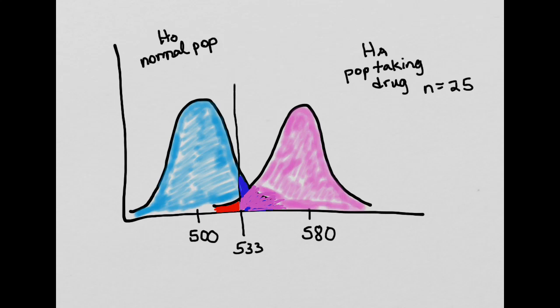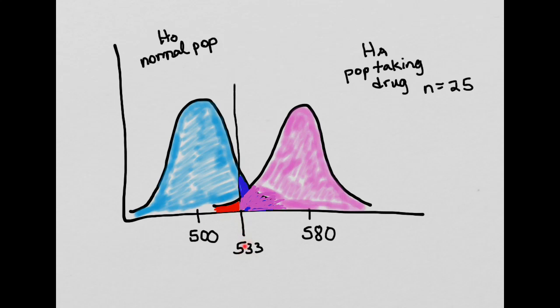It's the probability of accurately rejecting the null hypothesis. So it's the probability that you have an actual effect when your study says you have an actual effect. You can see that it's 1 minus beta, and beta is the proportion of that alternate distribution that falls below the critical value.